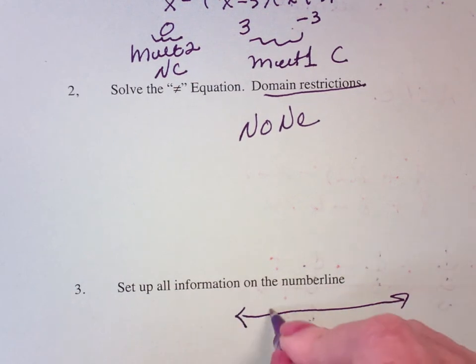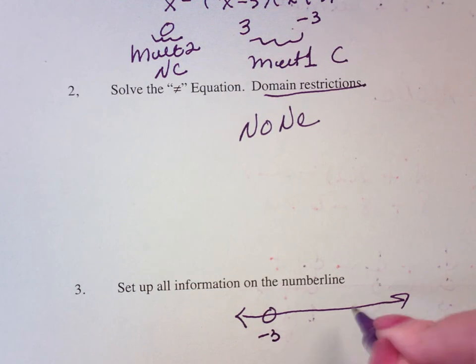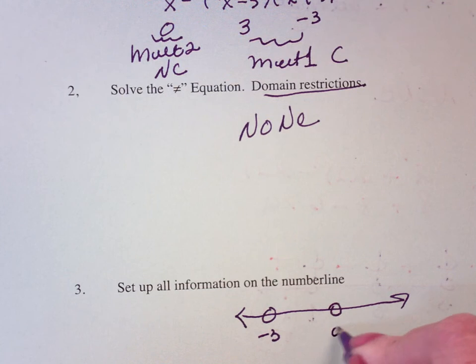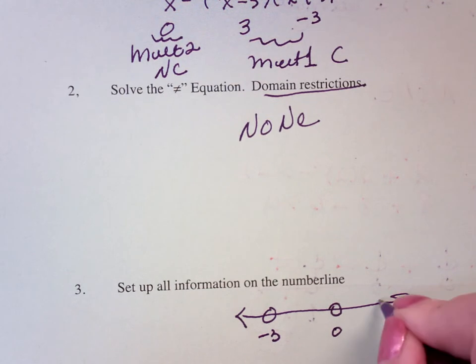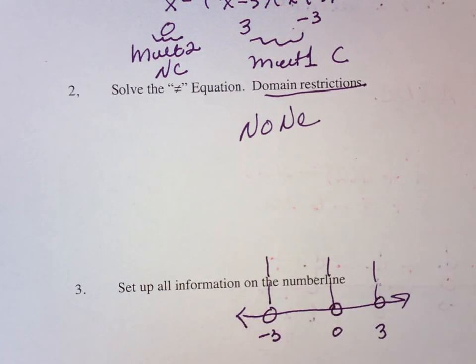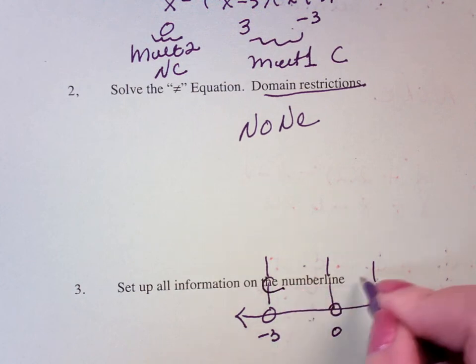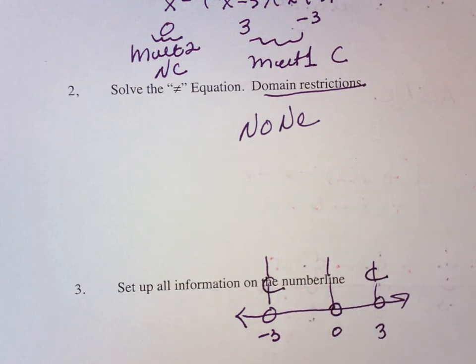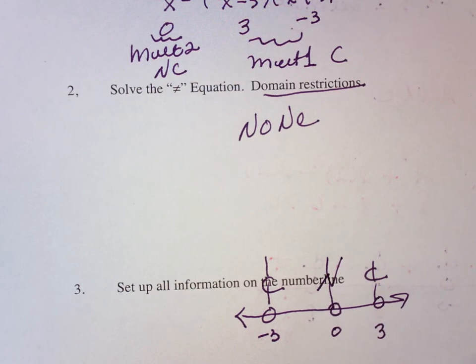We put on negative 3, open dot, 0, open dot, 3, open dot. Negative 3 and 3 are multiplicity 1, so change, change. 0 is multiplicity 2, no change.